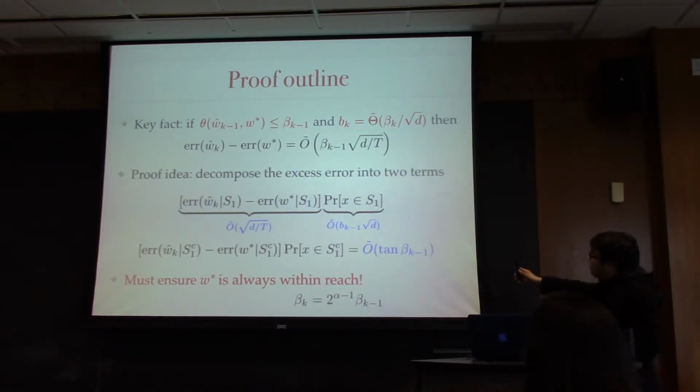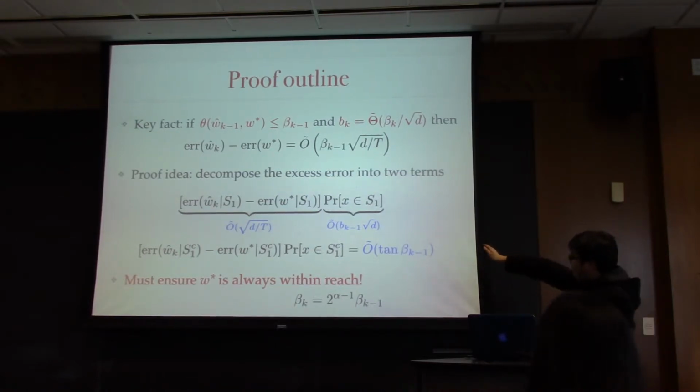The first term shows that the within-margin error is quite small, because the excess error part is square root of d over T by VC arguments, but the probability that any particular x lies in this margin is proportional to the margin parameter, and if we reduce the margin parameter, this probability can be very small. This is why we have an extra beta_{k-1} term in front of the square root of d over T.